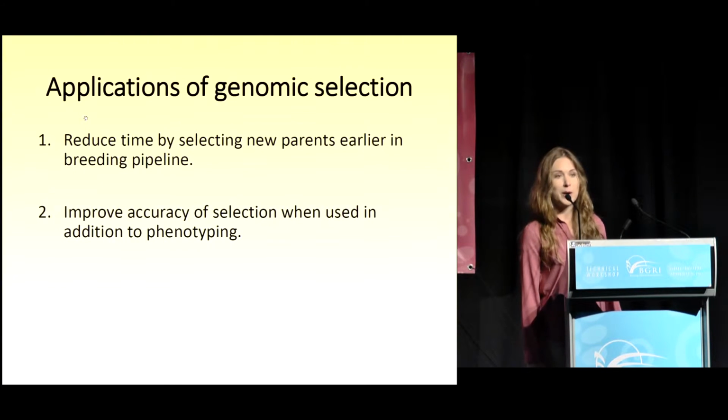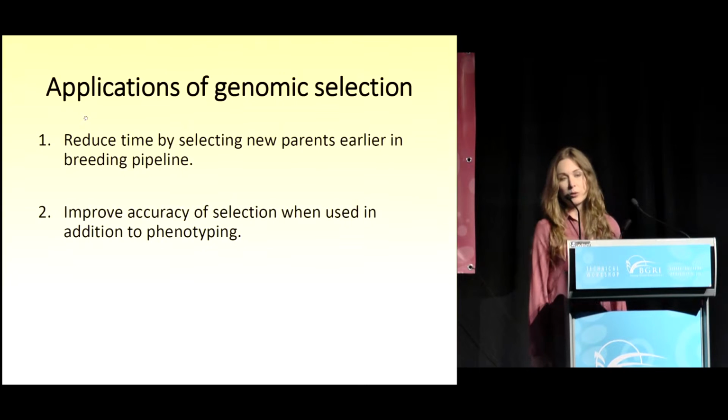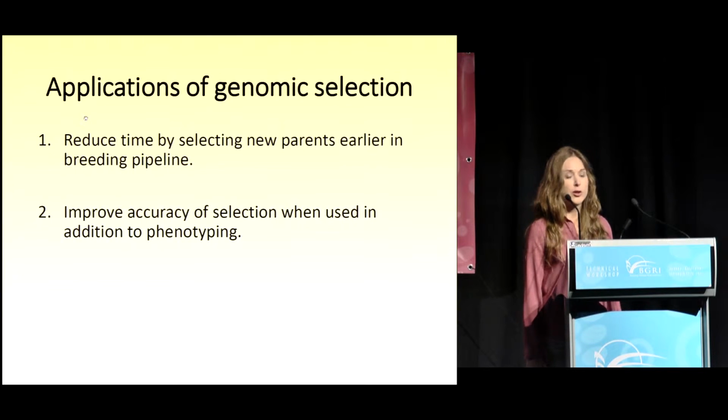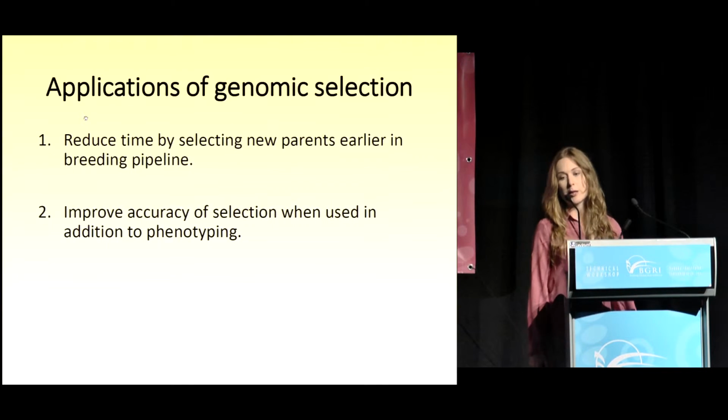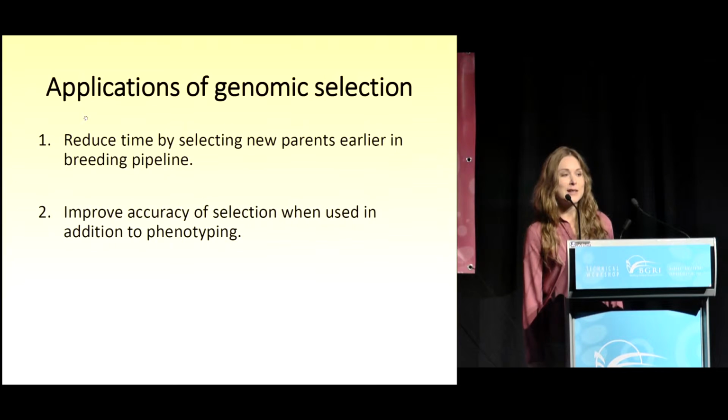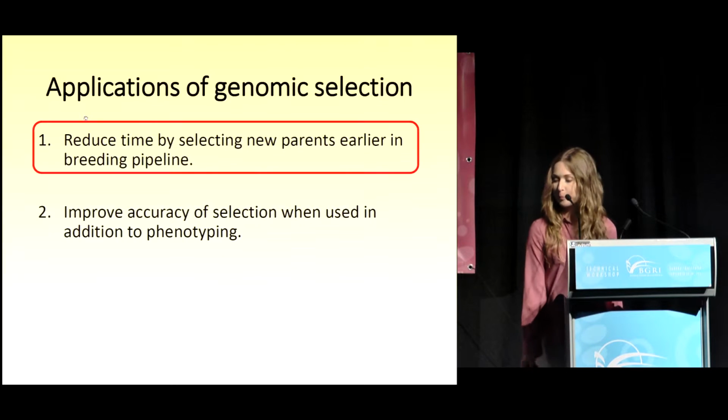Another possible advantage is we can increase the accuracy of selection, and that is especially the case when we use genomic predictions in addition to phenotypes for the trait of interest. So it's not necessarily only selecting based on prediction, but we can use it in addition to improve our accuracy. I'll mostly be talking about the first application, which is reducing the time.